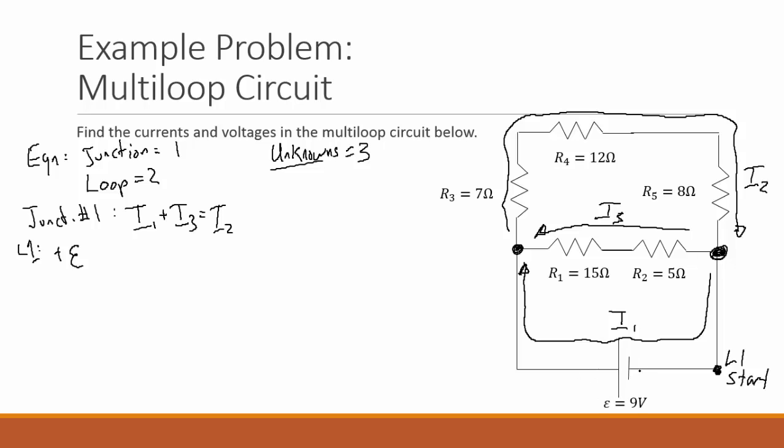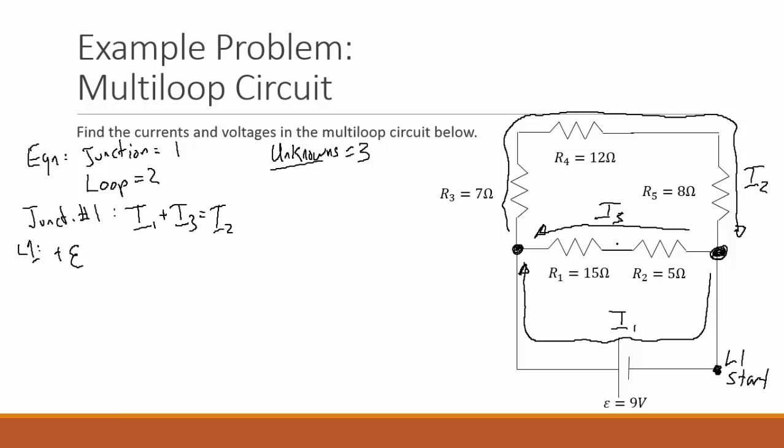Okay, so I went with it, so it was a positive, and then I went up to here. Now I'm going to go this path to get back to the beginning, so I'll go through the middle. Now I'm going to go through a resistor, R1, but I'm going to go through it backwards. The current runs to the left, at least I think it does, and I'm going through it to the right. So therefore, I'm going to actually gain voltage.